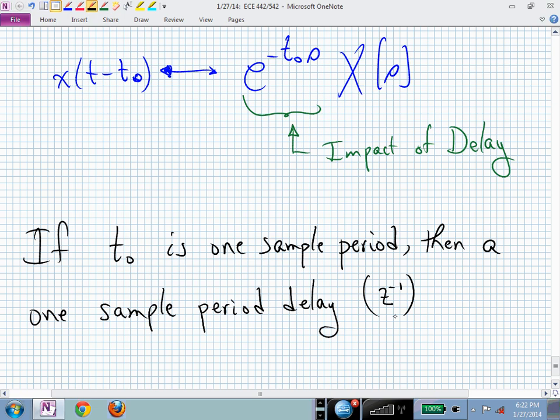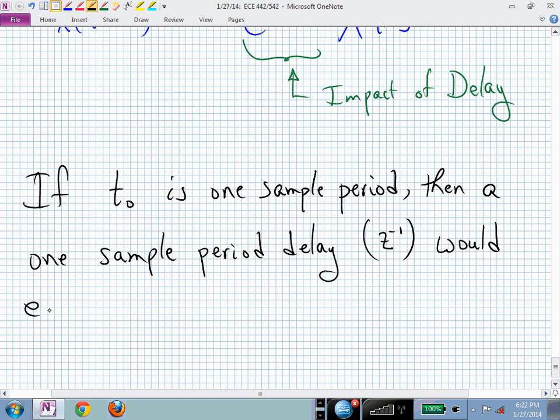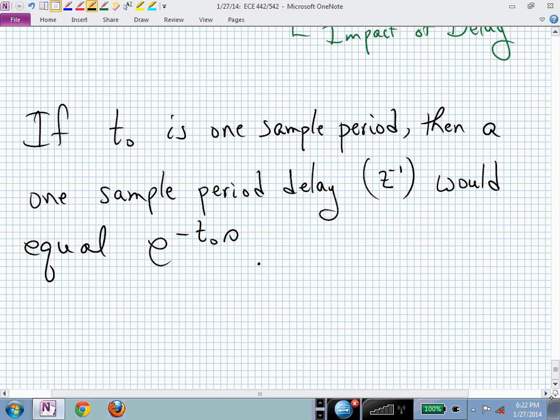Z to the minus 1. And if we set that equal to what it is in the s domain, we're going to have a relationship between s and z. So that now we have that should equal e to the minus t sub 0 s, where t sub 0 is one sample period of delay.